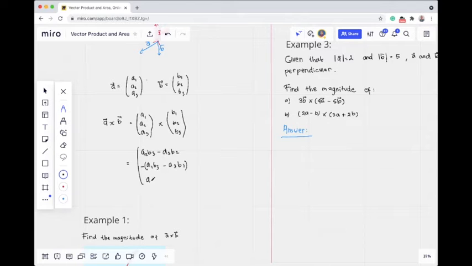And the third row is A1 times B2 minus A2 times B1.